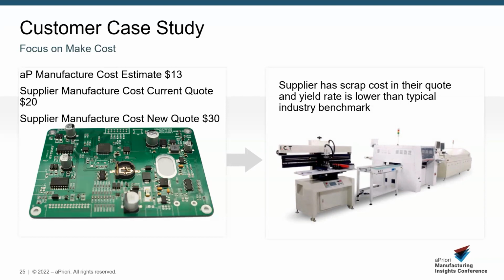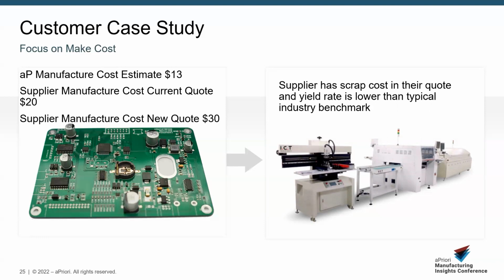I want to note that they focused the discussion specifically on this board because it had a larger gap between the a priori estimate of make cost and the supplier quoted make cost. There was a much larger gap between those values for this board than for other boards.